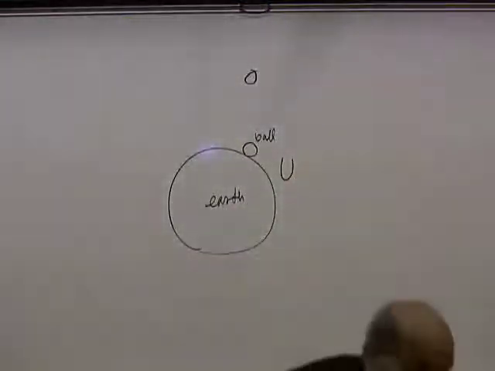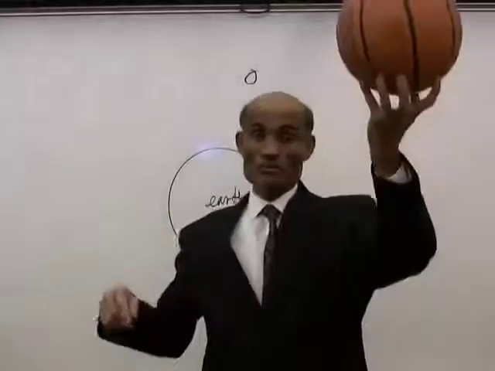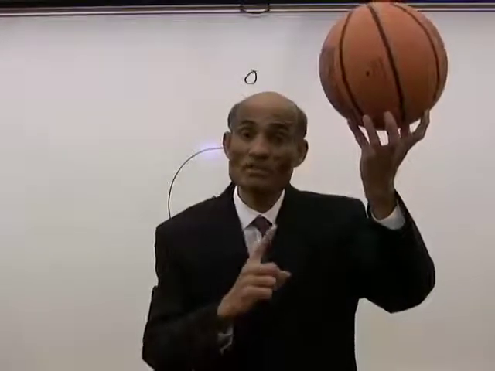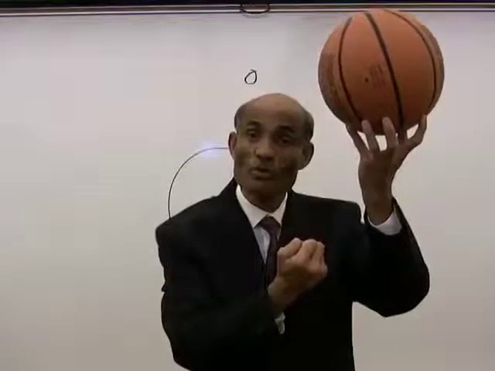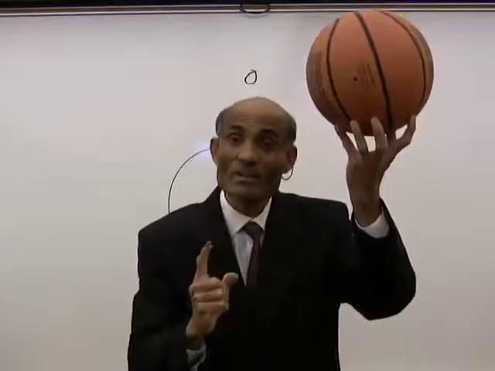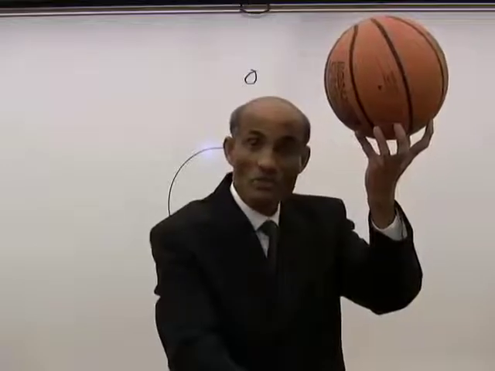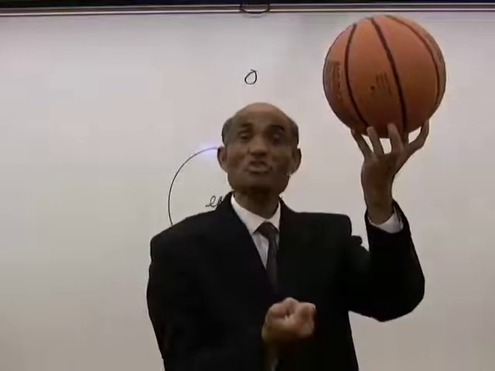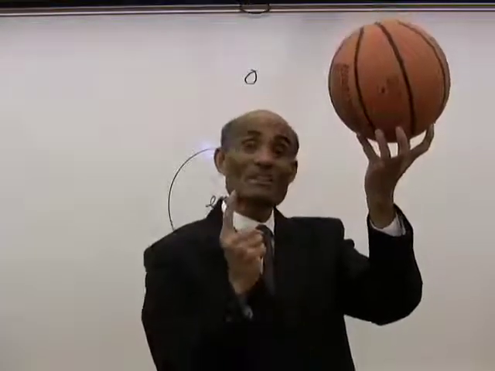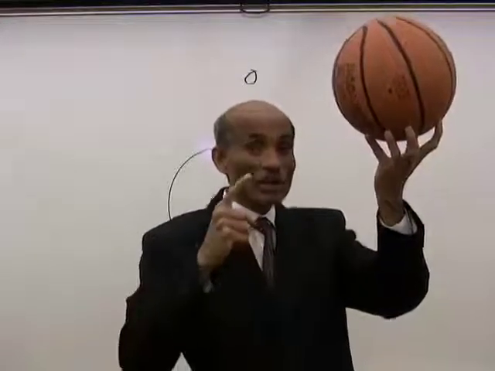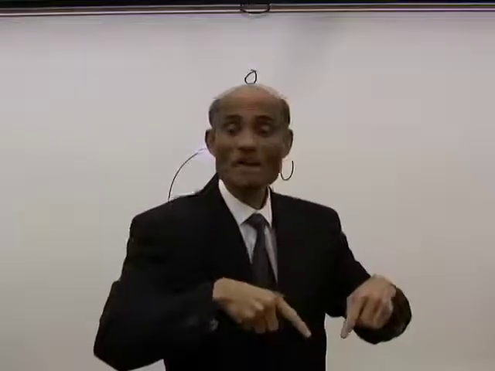That means, if I raise the basketball, the conservative force, the Earth's gravitational force, does not like it. It wants this ball to be back on the ground so that their potential energy is zero. The tendency of a conservative force is to decrease the potential energy.